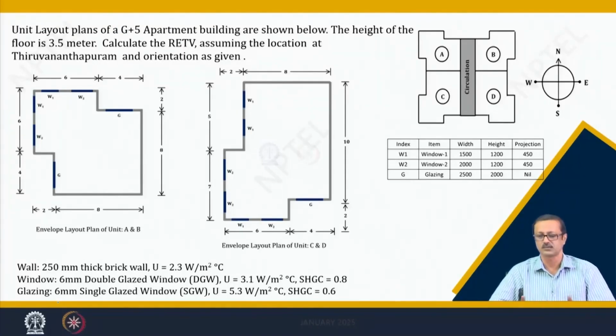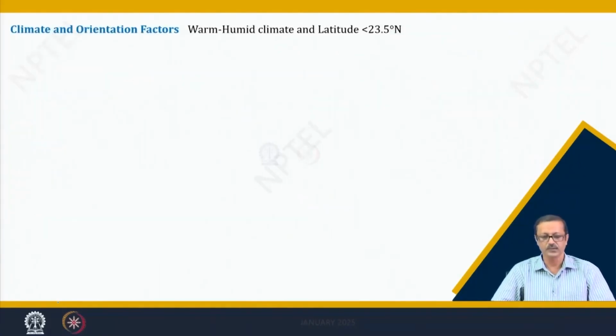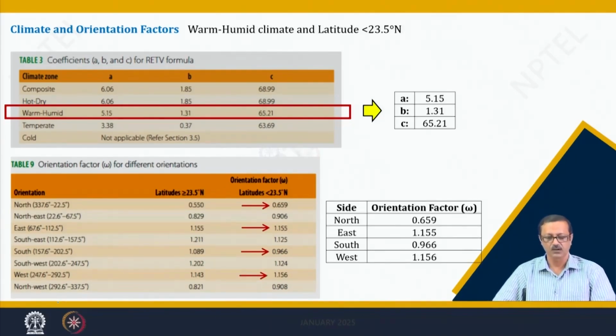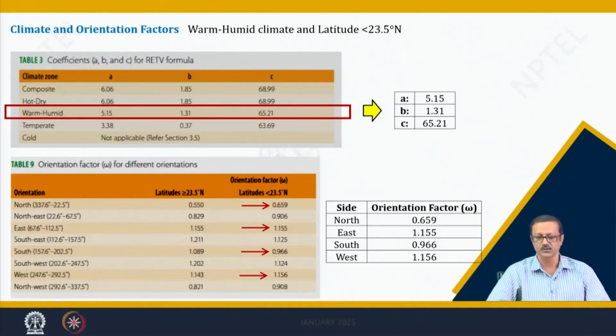Now, for the orientation factor, in my proposed layout, the orientations of all the floors are exactly in the north, east, south and west directions. So, I will have to take the orientation factor from the second list, because the latitude of Thiruvananthapuram is less than 23.5 degree north, and only the 4 values out of the 8, north, east, south and west, the omega factors, are noted down as 0.659, 1.155.